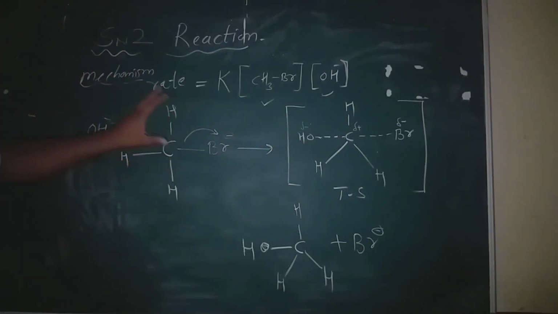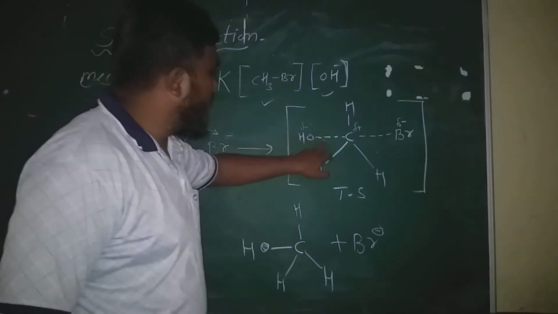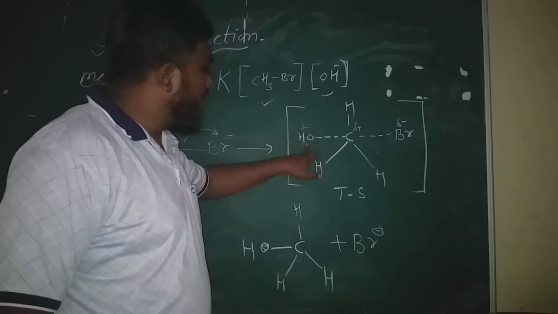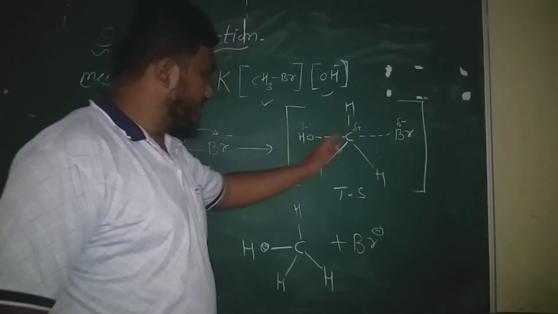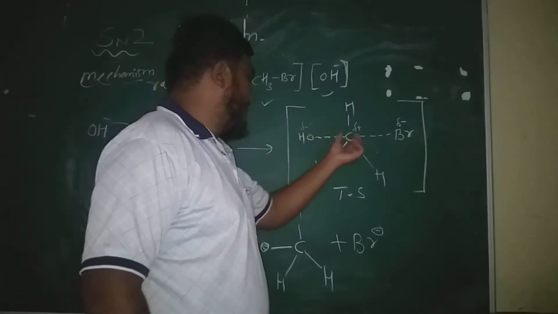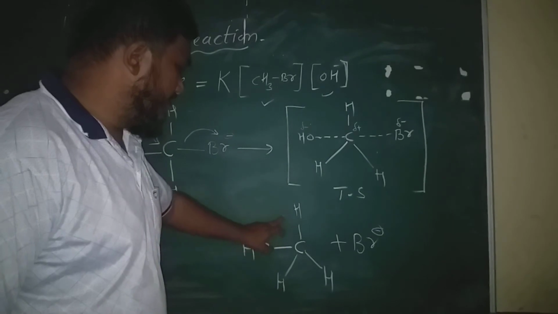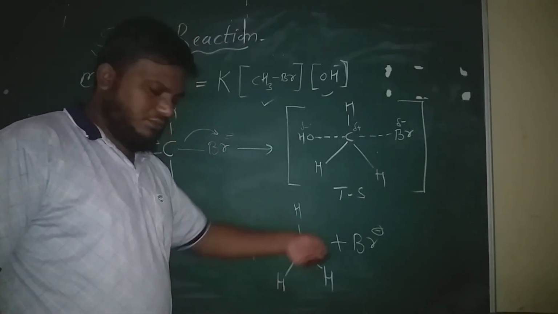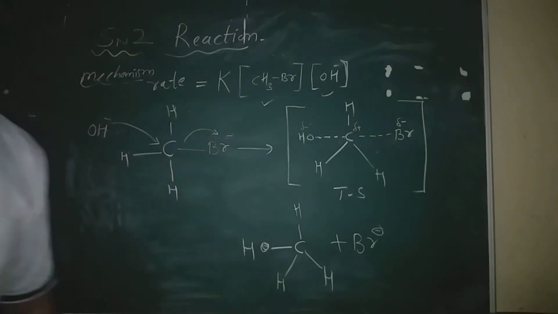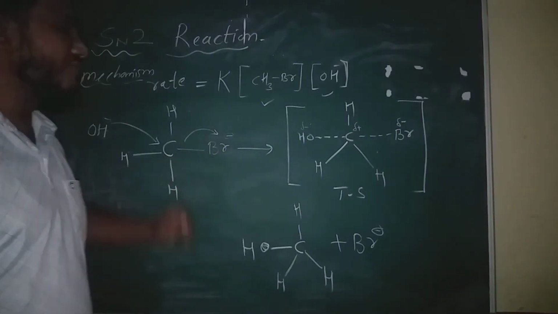So carefully follow the video, try to understand. This dotted bond means what? OH is going to attach to carbon, and suddenly when OH attaches, Br will leave the compound, and this compound will form. This is methyl alcohol, and bromine will leave the group. So in the next video we will see SN1 reaction.